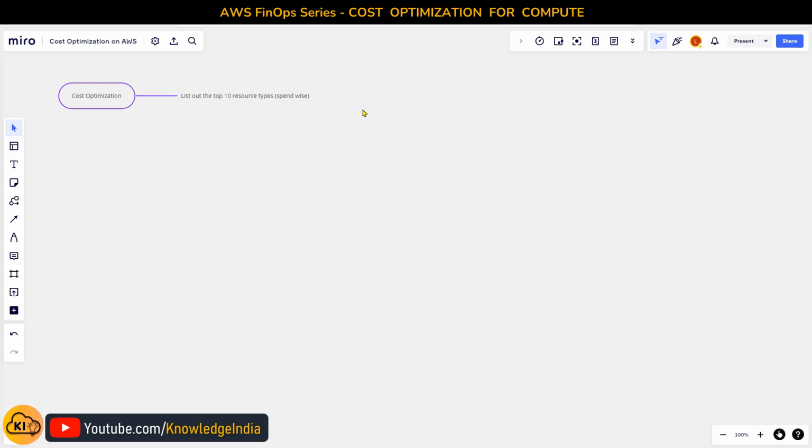Most of the time, in most enterprise scenarios, the services where people spend the most are generally compute, which is EC2, and then RDS. These are the top two in most organizations. Of course, there can be other things as well.